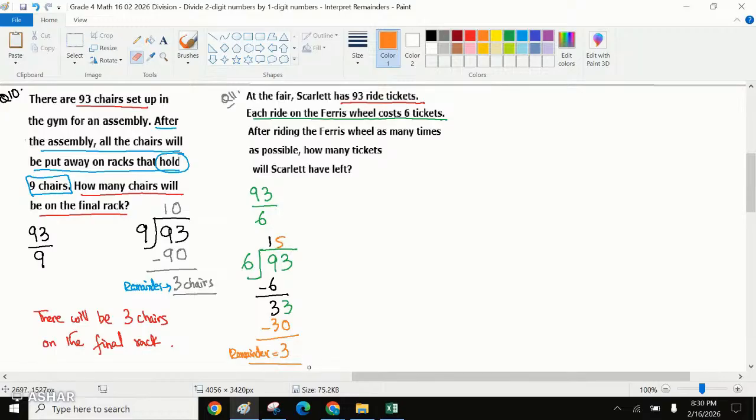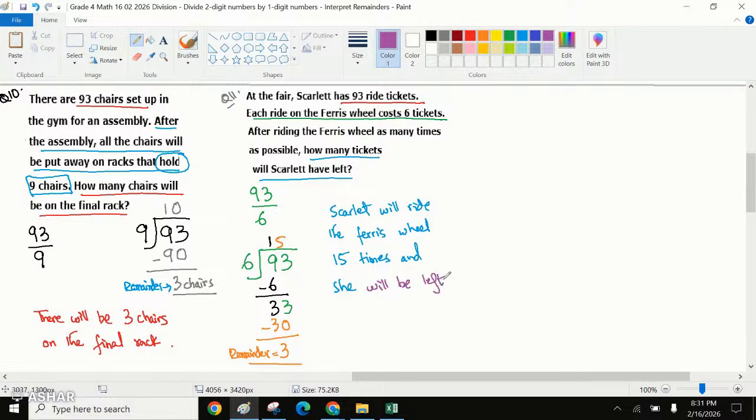So that means Scarlett will ride the Ferris wheel 15 times, this is extra information. And this is the main part of the question: she will be left with 3 tickets.